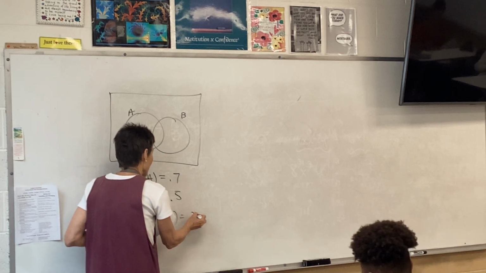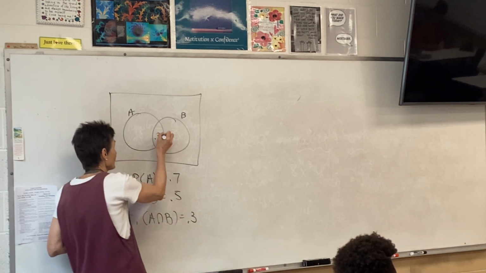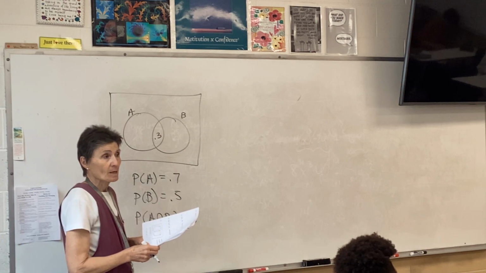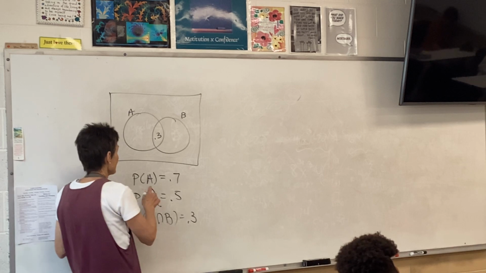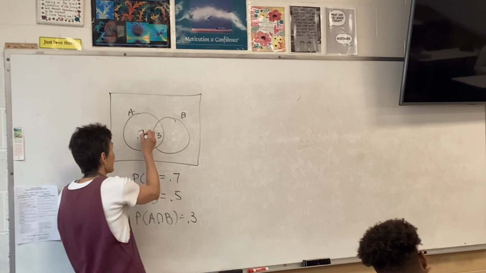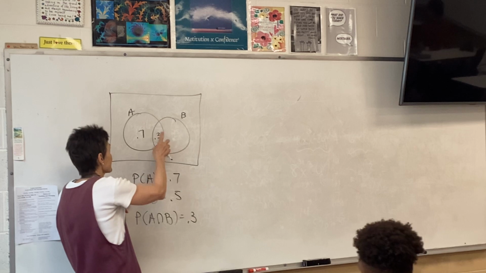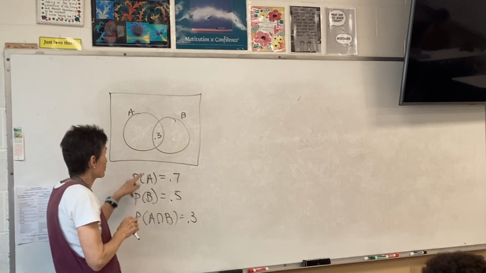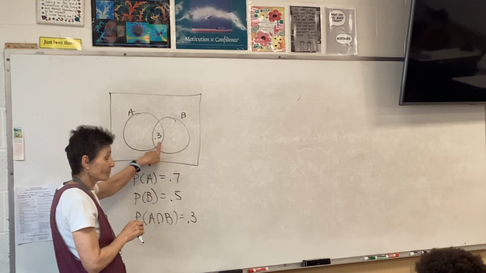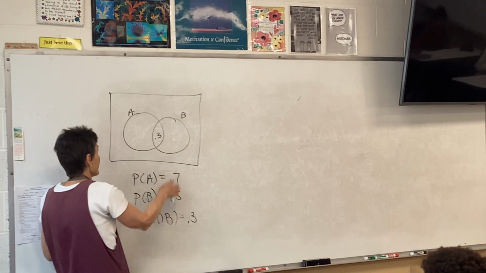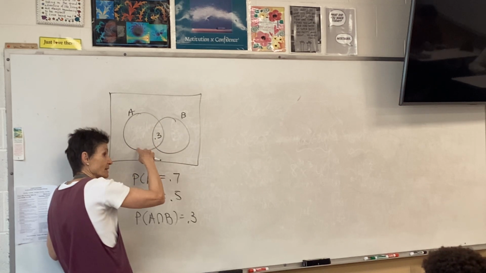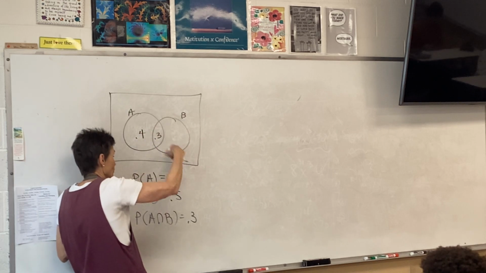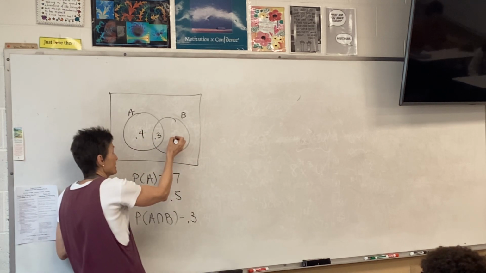And that actually is the only number that we can put directly into the Venn diagram. Sometimes kids will look at this and say, oh, 0.7. No, that 0.7 is the whole circle, not just that part. So start with that middle part. Now you can fill in the rest. Because if the whole circle is 0.7, then what's this? 0.4. And if this whole circle is 0.5, then this is 0.2.